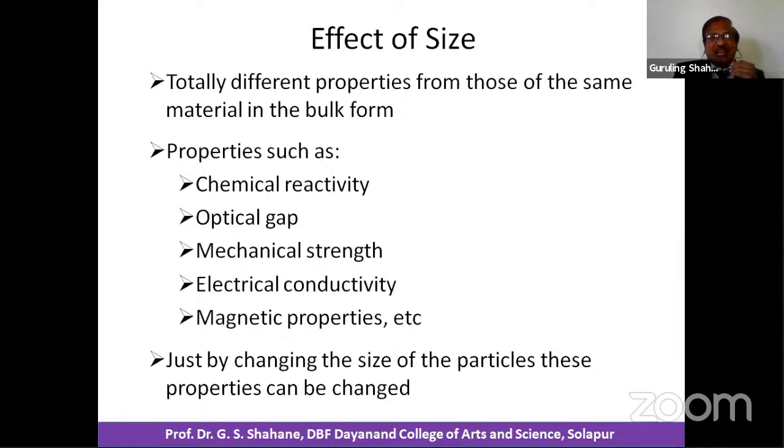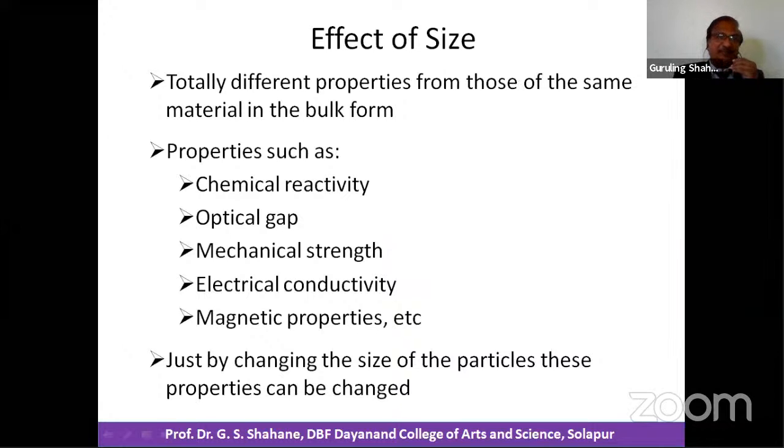So the question is, what is the effect of size? Nanomaterials have totally different properties from those of the same material in the bulk form. As the size changes, it changes the properties of that material. Properties such as chemical reactivity, optical gap, mechanical strength, electrical conductivity, magnetic properties, and so on. All these properties can be tuned, can be changed, just by changing the size of that nanoparticle.